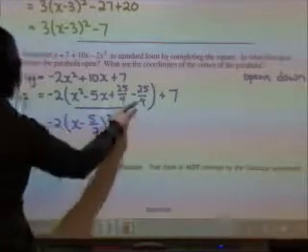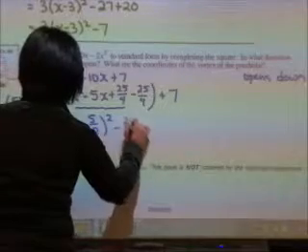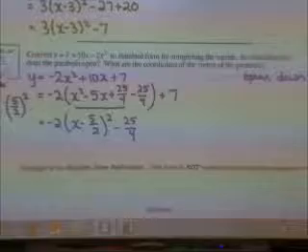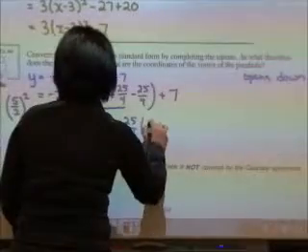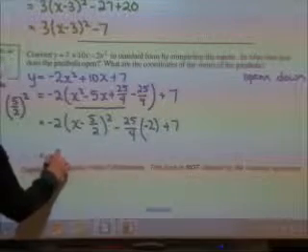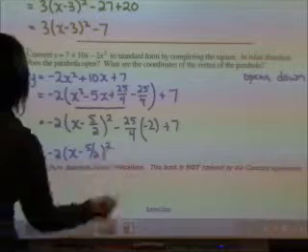Okay. And when I go to remove this -25/4, what do I have to multiply it by? Not just 2. -2. Good. So -2 times x minus 5/2 squared.